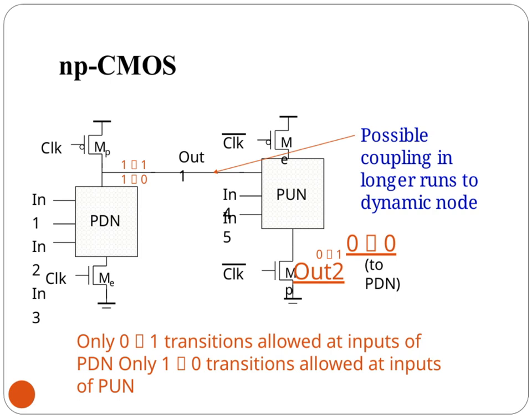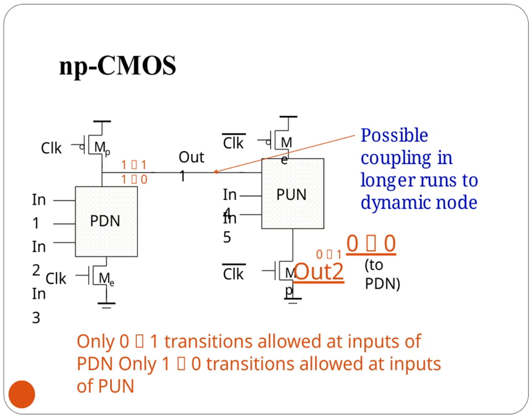In the diagram, you can see the inputs labeled for both networks, with the PDN inputs going into transistors connected to ground, and the PUN inputs controlling transistors connected to the power supply. The clock signals manage these switches, ensuring the right timing. One key point here is that the allowed transitions help prevent short circuits during switching phases, since both networks are never turned on simultaneously.